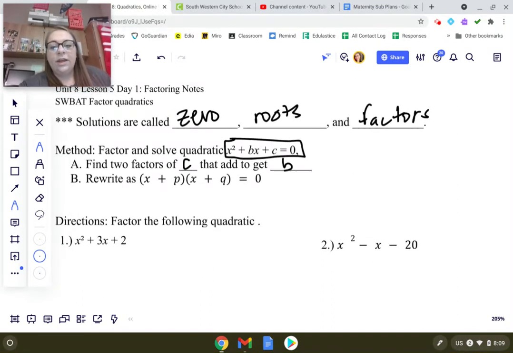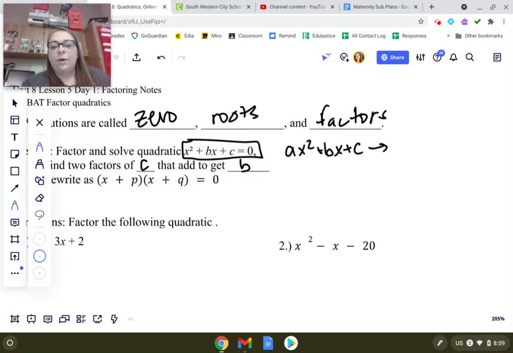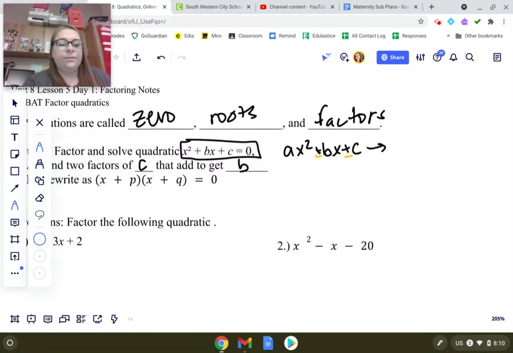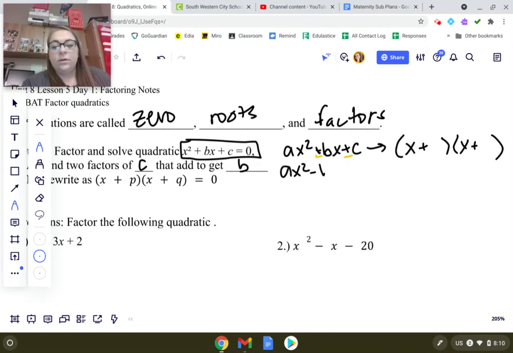If we have an x squared plus bx plus c where both of my signs are positive, my factors are also going to be positive: x plus something, x plus something. But if we have a minus first, minus bx plus c, that means they're both negative.